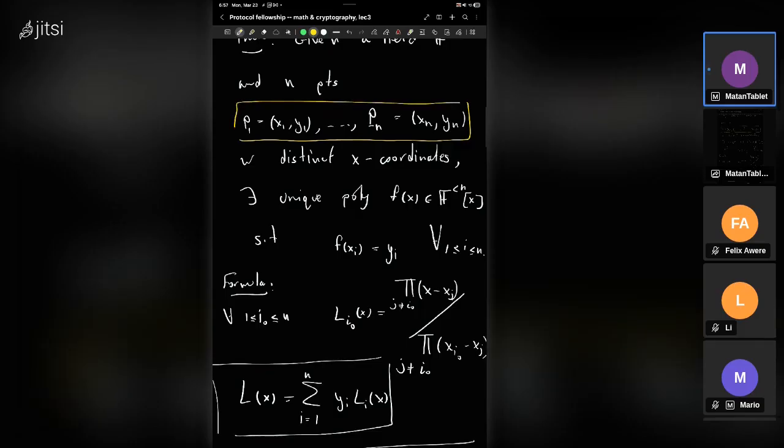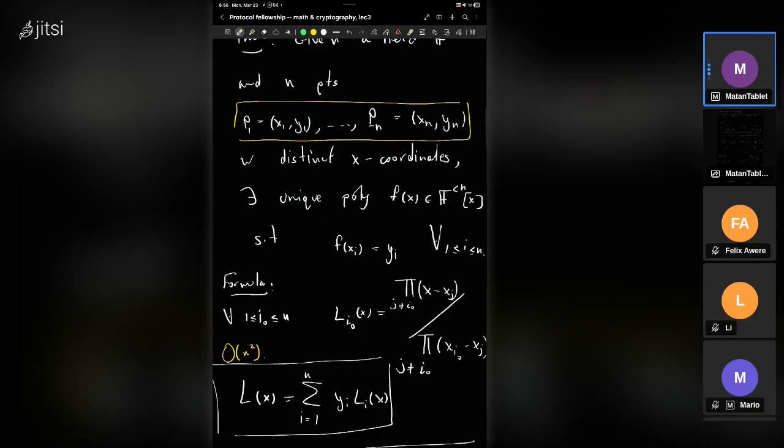Well, each of the Li0 would take me O of n, right? Because I have a product of n factors and so on. And I need to do n such. So the overall complexity of calculating L of x is going to be O of n squared.